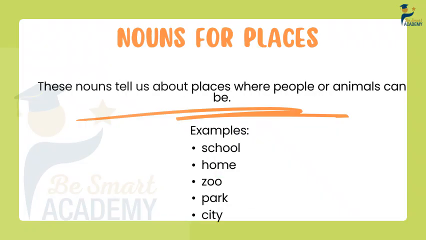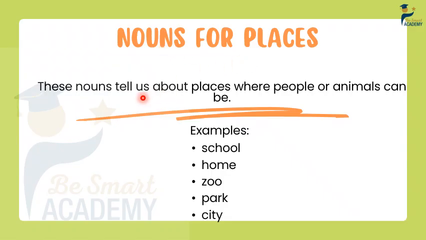Okay? Now, this is the third kind of nouns. Regarding the nouns for places, because we already know that nouns are not of one kind. As for the third kind, we have nouns for places.